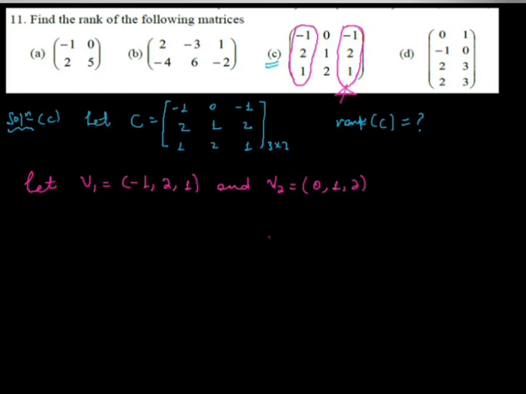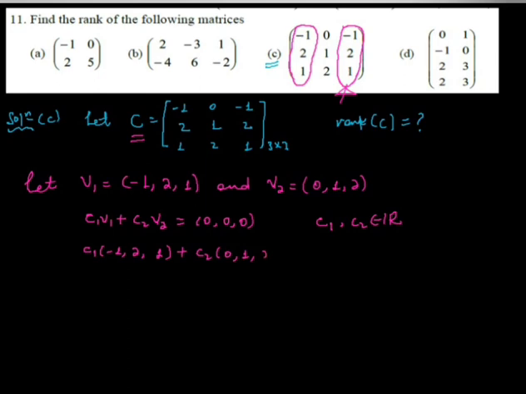So let us calculate the linear combination c1 v1 plus c2 v2 equals 0 in 3D, where c1 and c2 are any real numbers. C1 times v1, which is minus 1 2 1, plus c2 times v2, which is 0 1 2, equals 0 0 0.